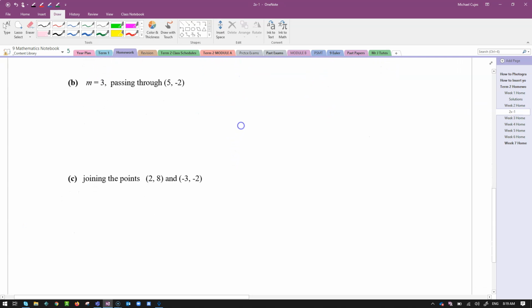All right, gradient of 3 and passing through a point. So, let's hope the connection holds out. The gradient of 3, so I know I've got y equals 3x plus c. Now I've got a problem, don't I? I need to find c, so I'm going to say sub in 5, negative 2 to solve for c.